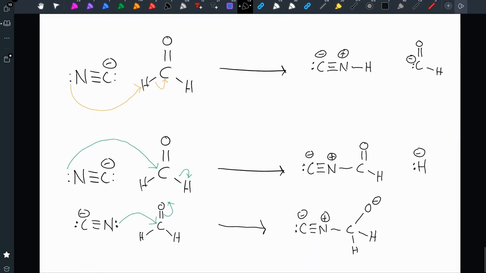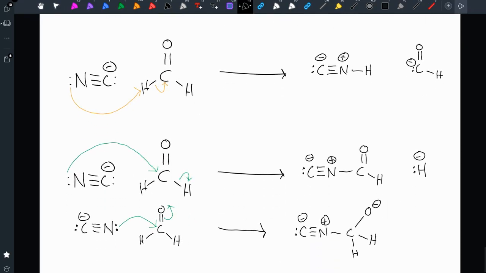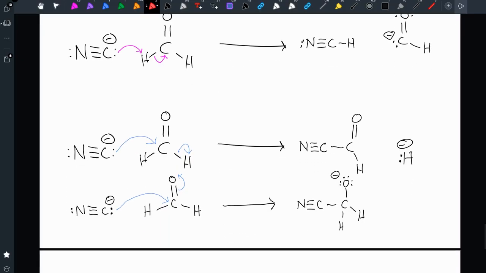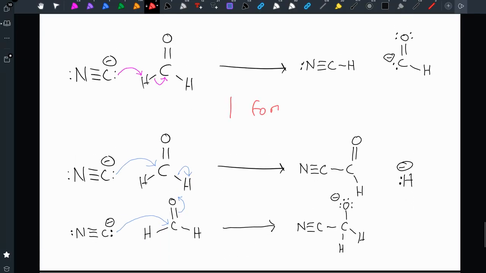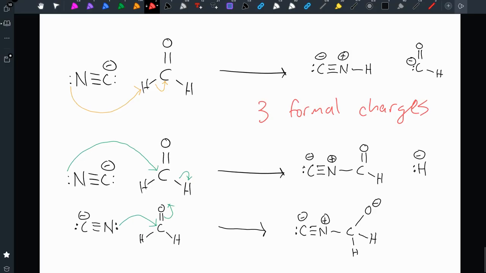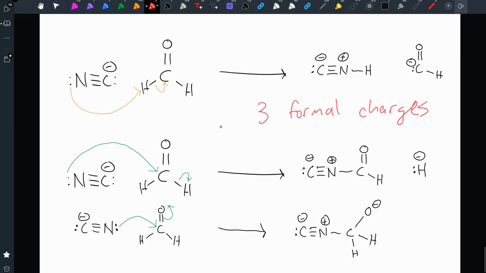So this whole second page where I use the nitrogen lone pair to donate, I'm going to reject all of those because all of these have 3 formal charges in the products, whereas my first set of possibilities, all of these only have 1 formal charge in the products. So these are all less likely.